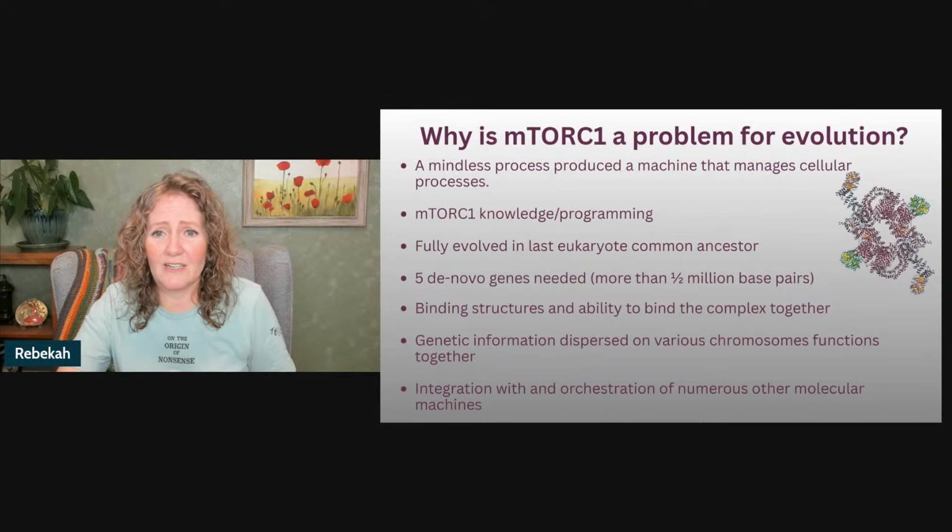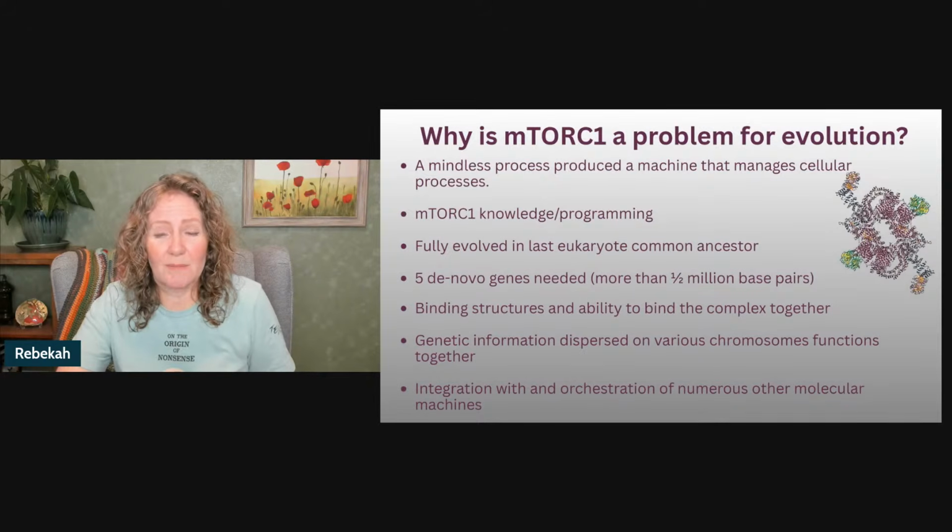So here again are the reasons mTORC1 is a problem for evolution. You've got a mindless process that's supposed to have produced a machine that manages incredible cellular processes, without which we don't live, we die.